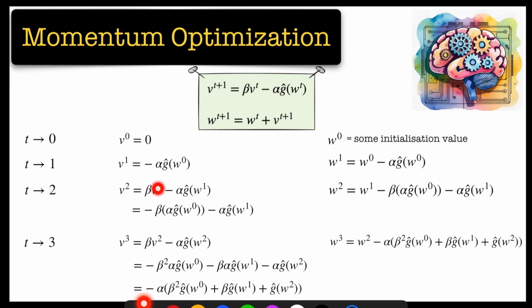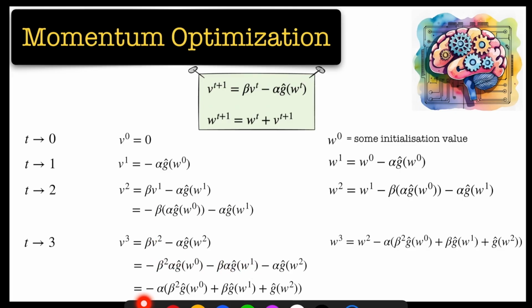If you expand and simplify this, we get minus beta times alpha g hat W0 minus alpha g hat W1. Let's do this calculation once or twice more. V3 will be beta times V2 minus alpha g hat of W2. Let's replace V2 with its value.